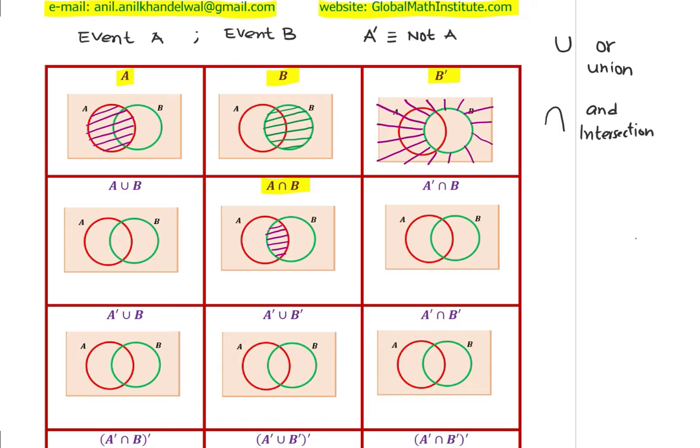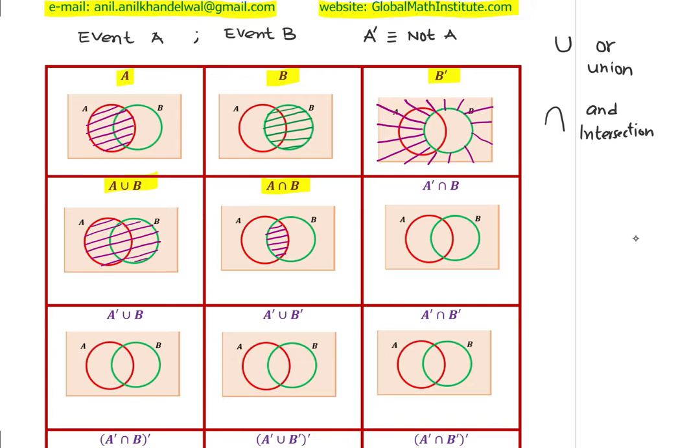Union will be the combination of both, included in both A and B. So we are going to shade both A and B to make it union, as I am doing just now. Is that clear to you? So that is how union of A and B will be done.